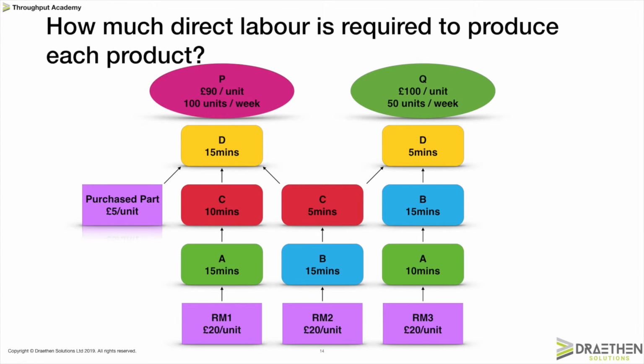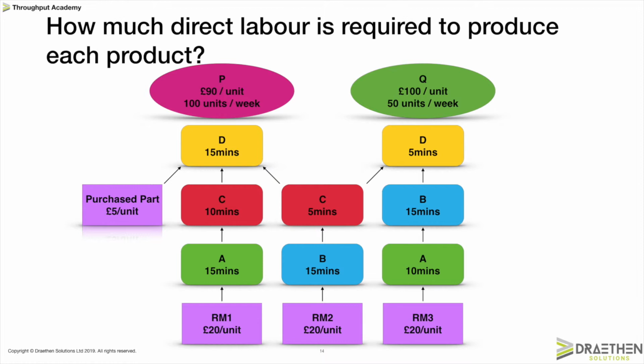There are two operations on red, one for 10 minutes on the left-hand side leg of the routine, and 5 minutes for the red process on the middle leg of the routine, plus a further 10 minutes of blue's time at the bottom of the middle leg of the routine. Add all of this to the 15 minutes required at the yellow resource at the top of the left leg, and it totals 60 minutes of direct labour to make 1 unit of product P.